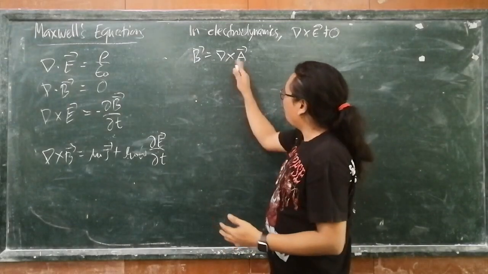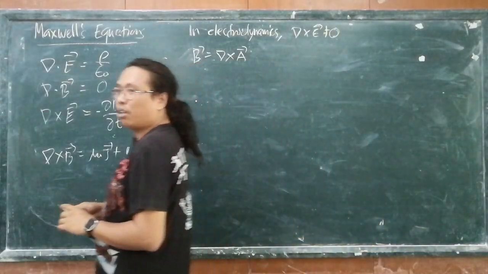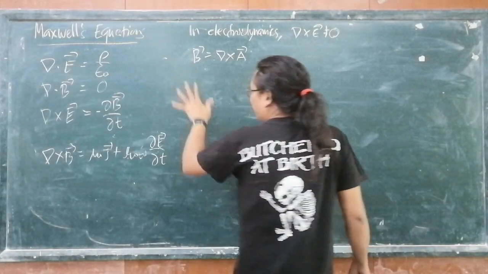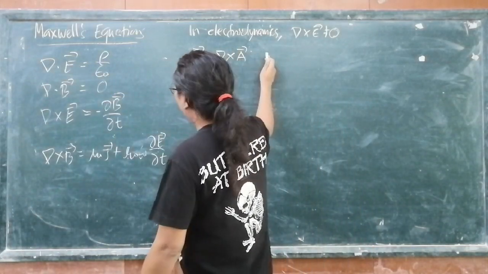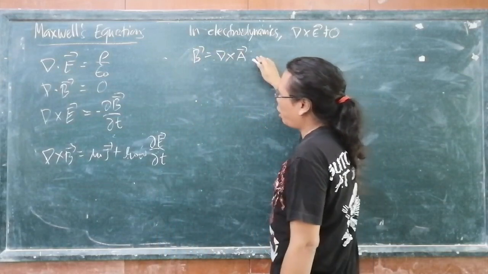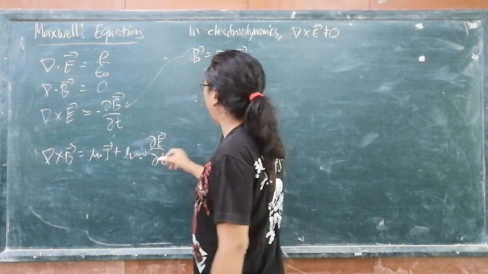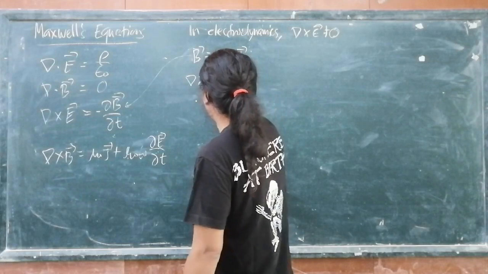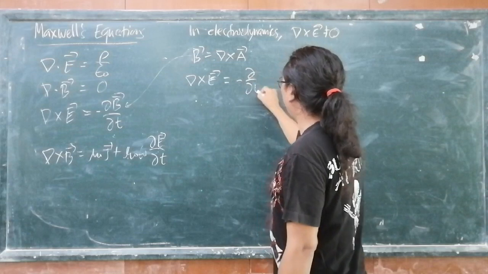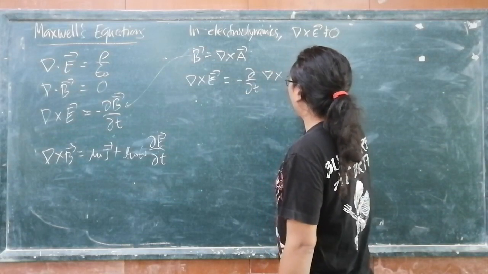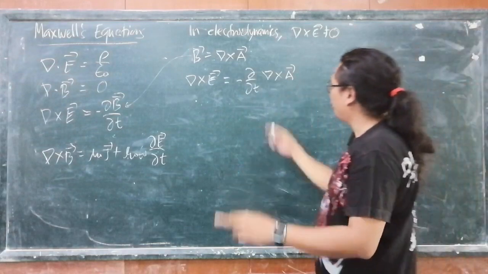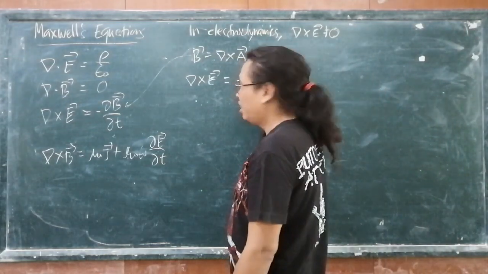But in reality, we are not concerned with A. We are interested in B, the magnetic field. Now, if we substitute this one into this equation, what do we have? Del cross E equals minus partial over partial t of del cross A. And we can interchange the del here.